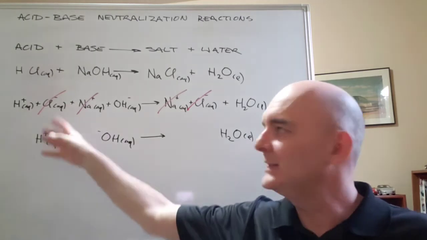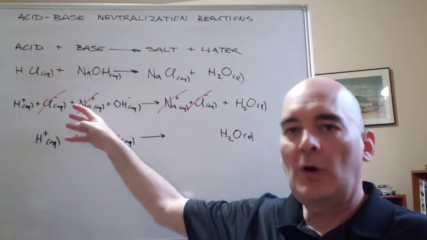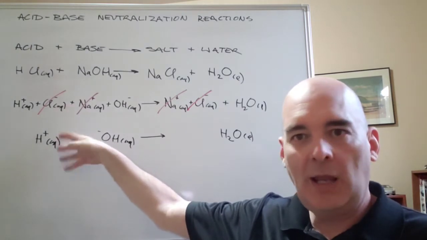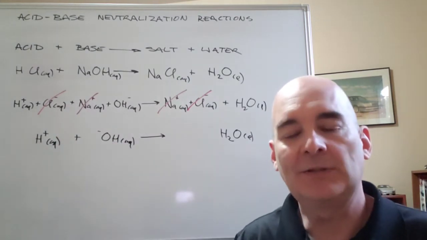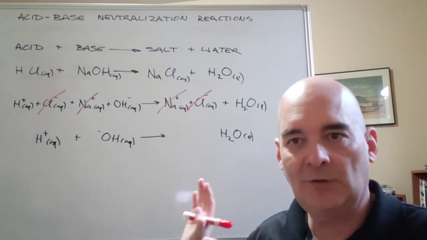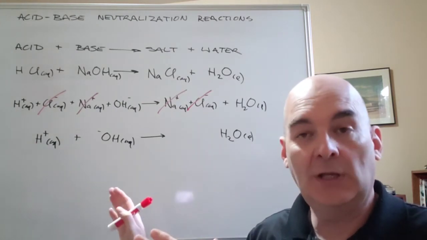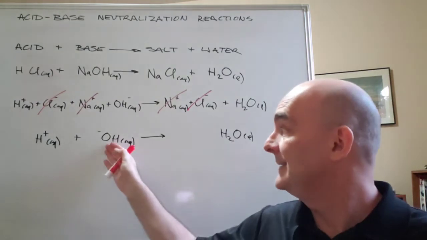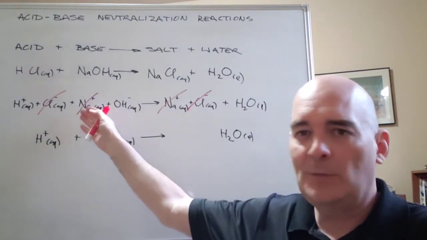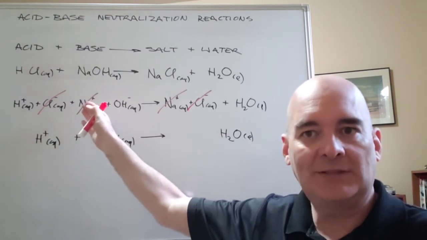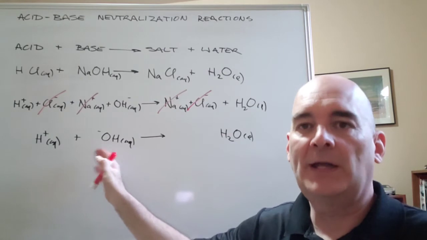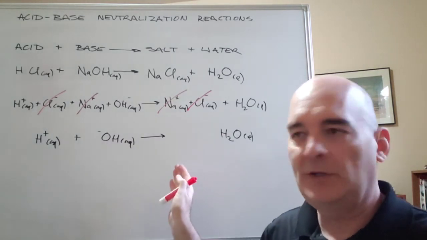And it didn't matter, look, the chloride or the nitrate or the sulfate is no longer in my reaction. So it doesn't matter whether I used hydrochloric acid or nitric acid or sulfuric acid, all acids are going to give the same results. And it doesn't matter whether I used sodium hydroxide or potassium hydroxide or magnesium hydroxide. The metal ion doesn't make it into the final reckoning of what's going on in this solution.